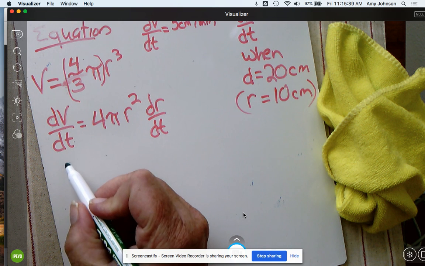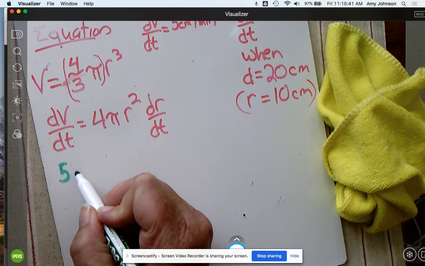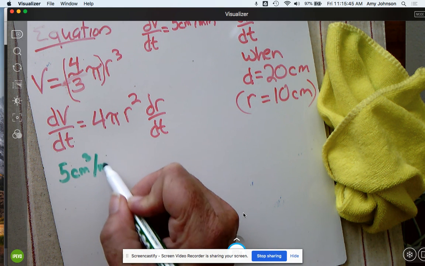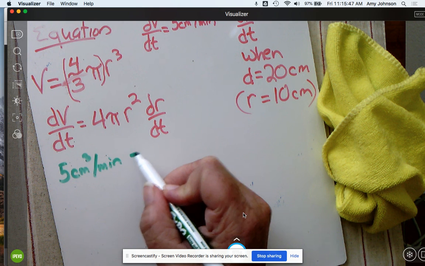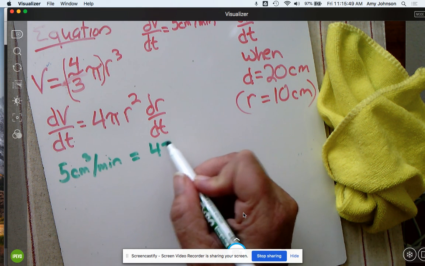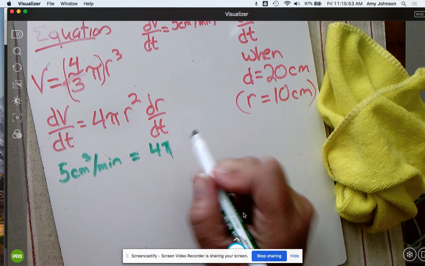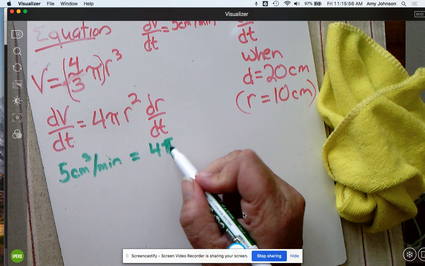I'm going to try this with units. We know that dV/dt is 5 centimeters cubed per minute, and that equals 4 pi r squared. Let's plug in the r squared: that would be 10 centimeters, squared. And then I'm looking for dr/dt.